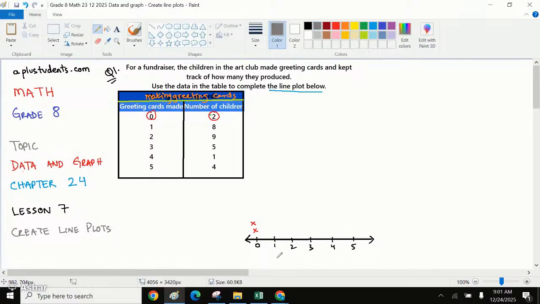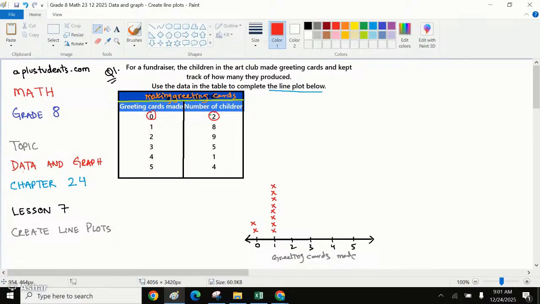We are using greeting cards made. So 0 greeting cards were made by 2 students. 8 children made 1 card. So 1 card was made by 8: 2, 3, 4, 5, 6, 7, and 8.